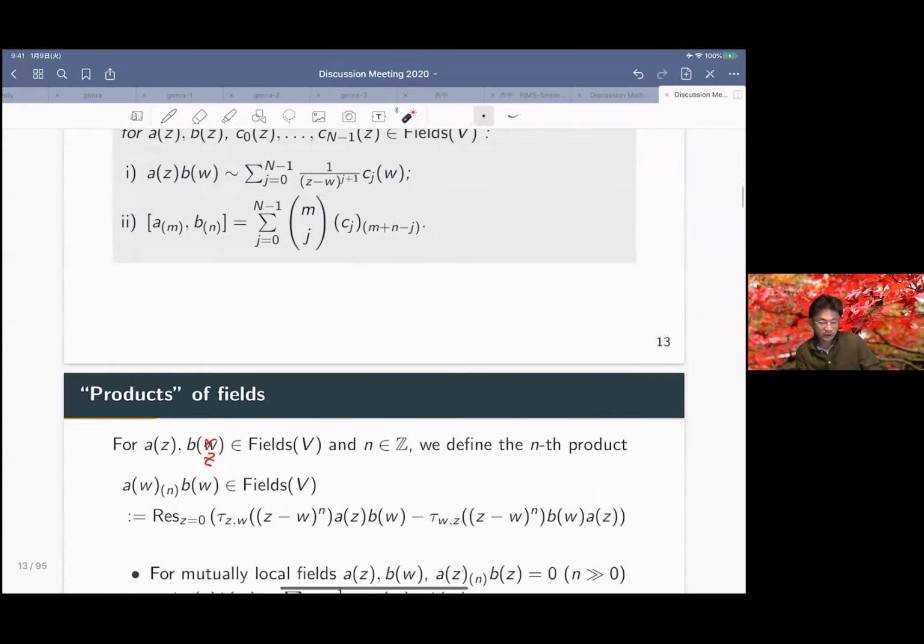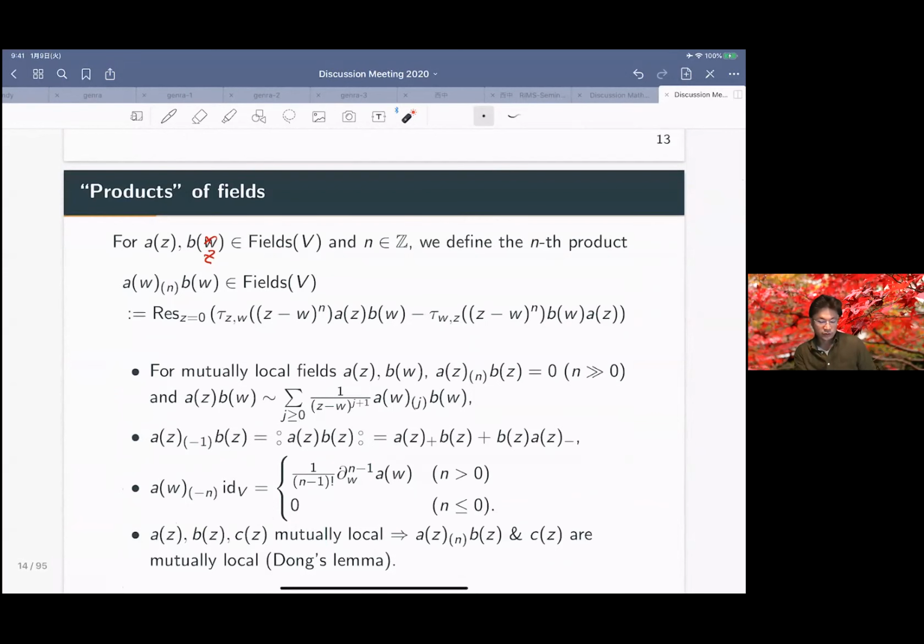So when A(g) and B(w) are local, this is 0 for sufficiently large n by definition. And the OPE is written in terms of this nth product. If you compute the (-1) product, you get the normal ordered product I defined earlier.